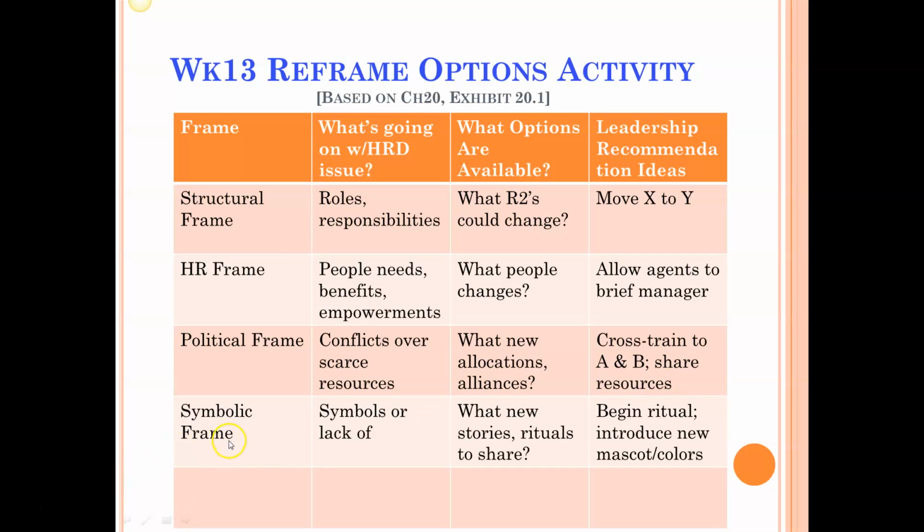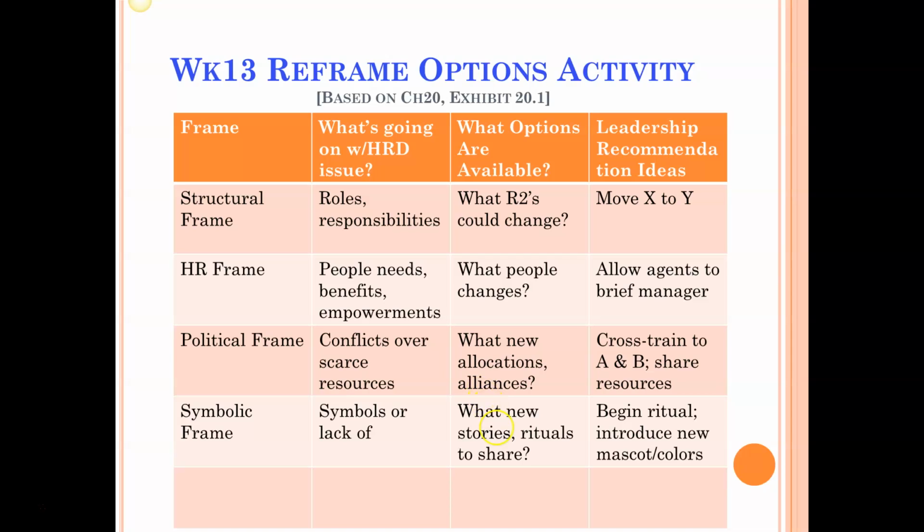The symbolic frame, which we just turned our paper in on, might be symbols, might be a lack of symbols, might be rituals, might be ceremonies, might be stories. What's going on with our issue? It might be, in our organization, we just simply have a vanilla organization and we haven't really developed symbols that really call forth and identify our organization in the public's eye, and even for our own employees.